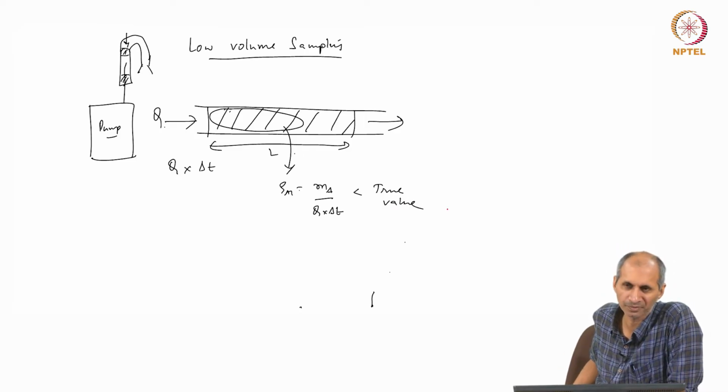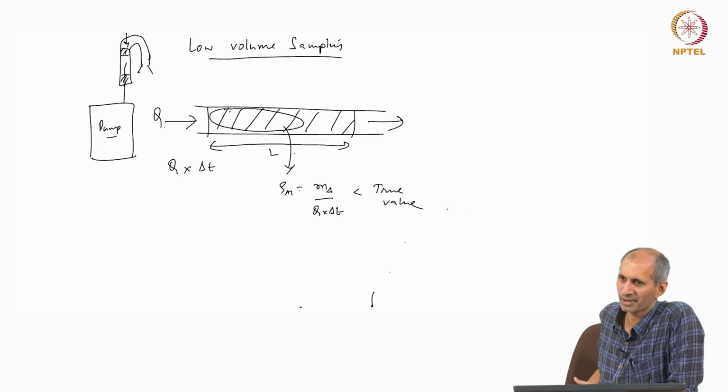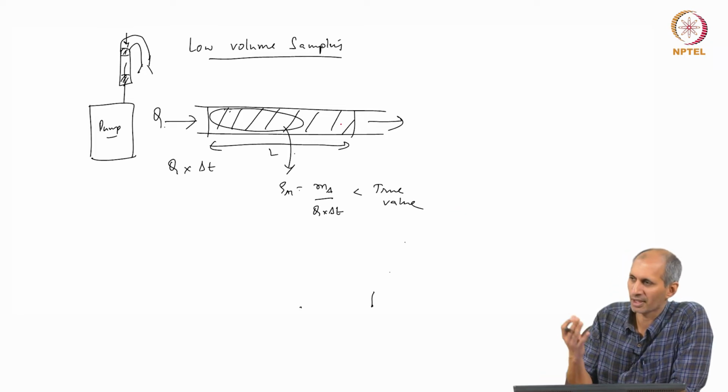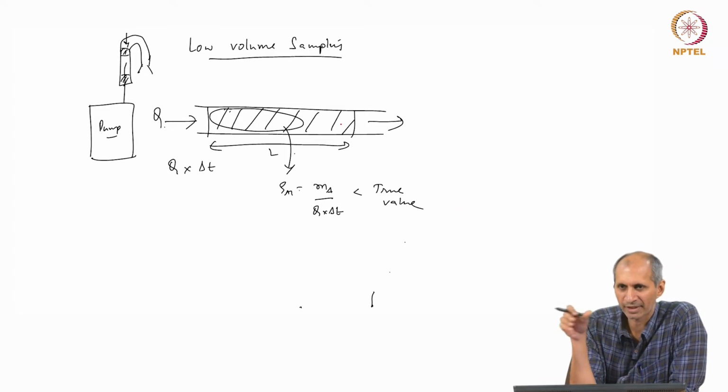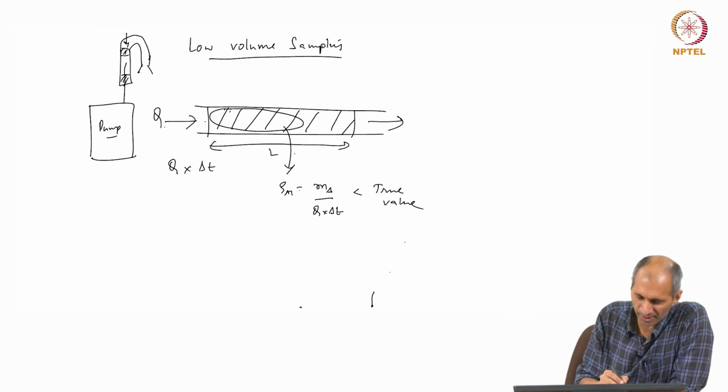Losses, how? In this case the loss would mean this carbon adsorbent tube is not capturing everything that is actually sent in. There are losses due to extraction and all that, that is a different issue, but here fundamentally we are saying that whatever is being sent in is not retained in the column.